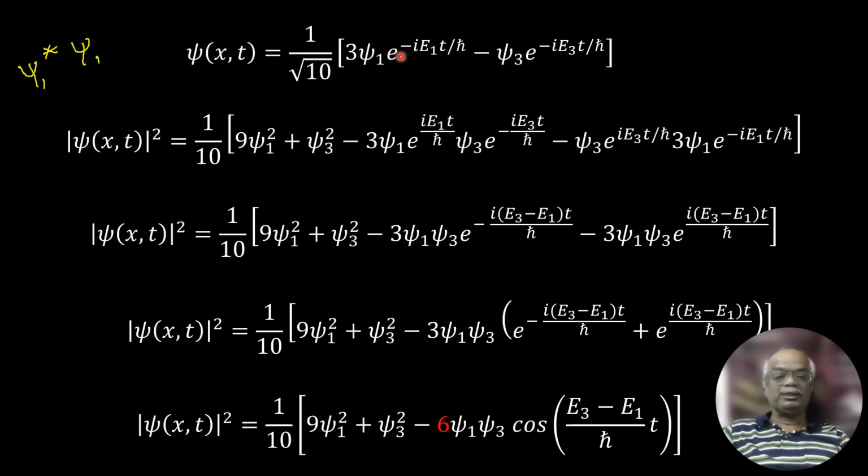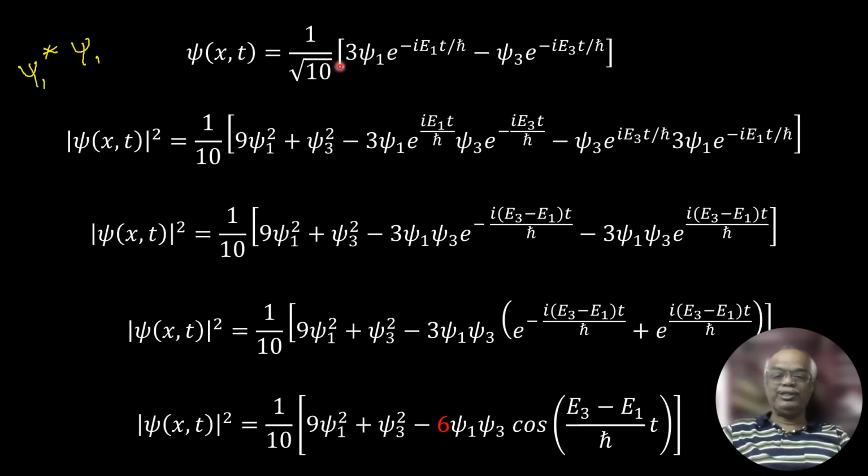Then if you take the complex conjugate of this exponential term, it will become plus. So e power plus i theta into e power minus i theta equals 1. So you will get 9 psi 1 squared. Similarly for this, you will get psi 3 squared.